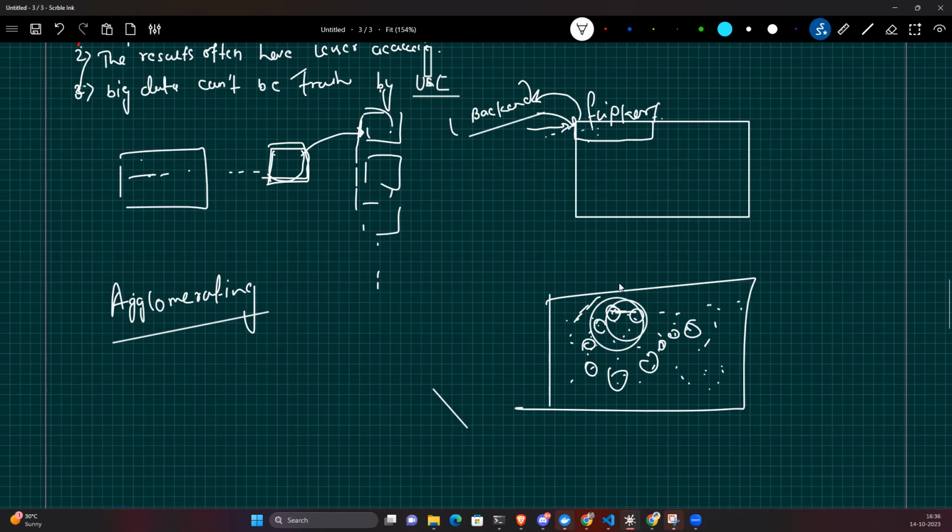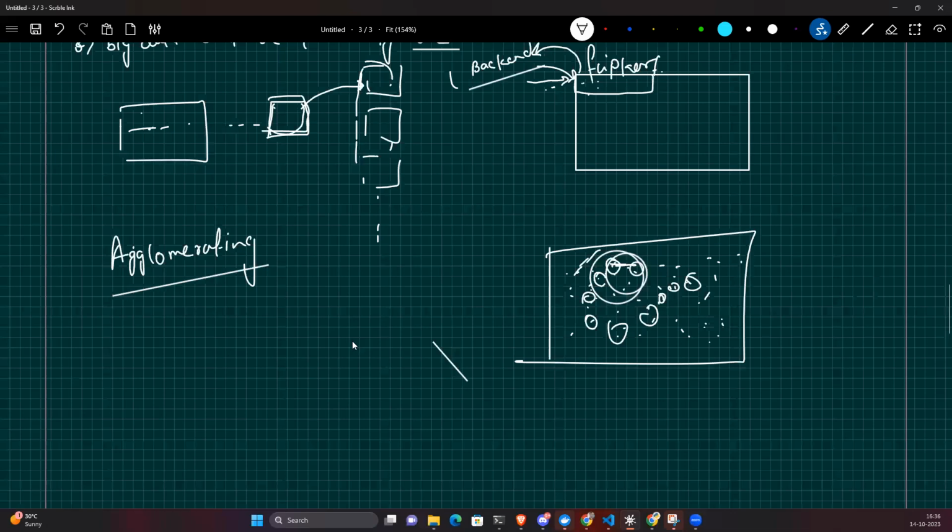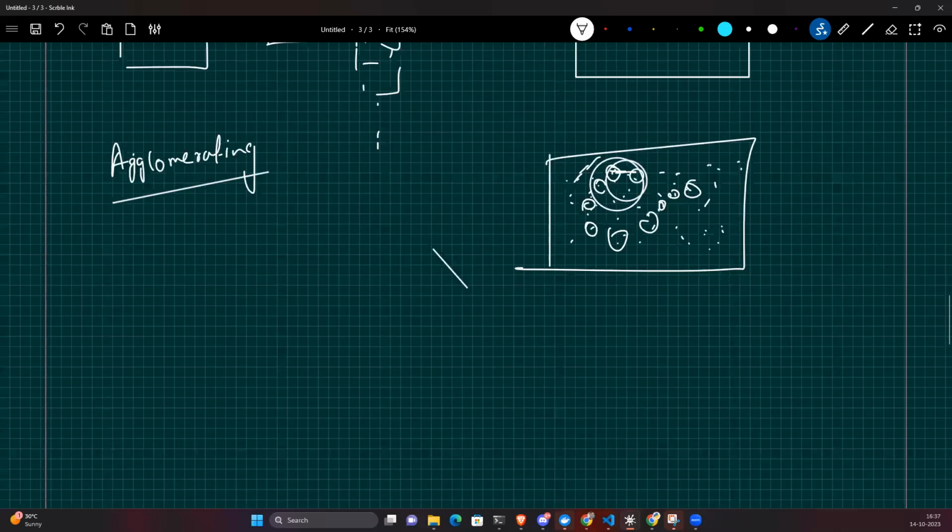Any questions on agglomerative clustering? We get only one cluster; we will not stop until we get the one cluster. Suppose the similarities are not very high between two clusters, then what will happen?